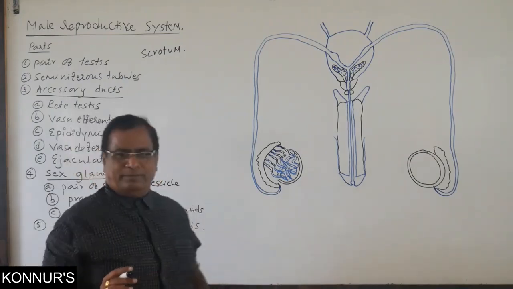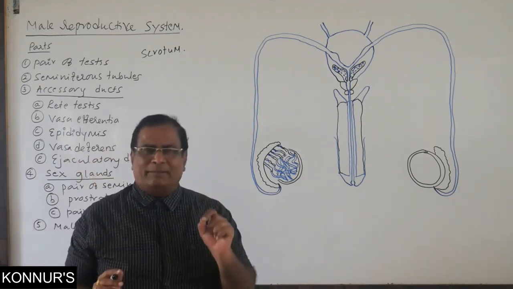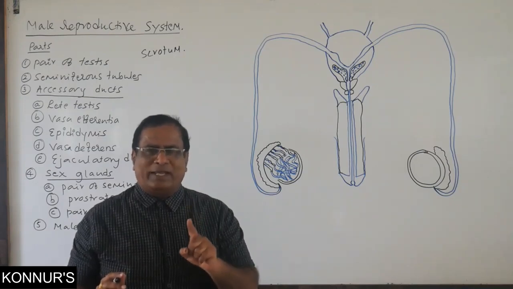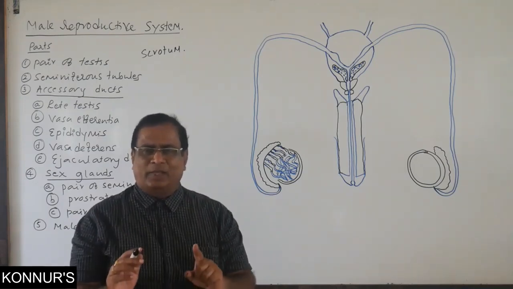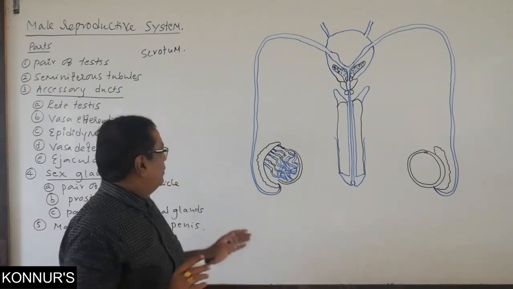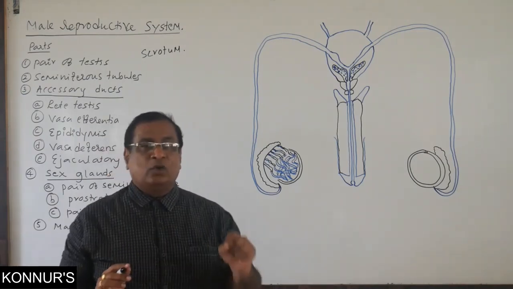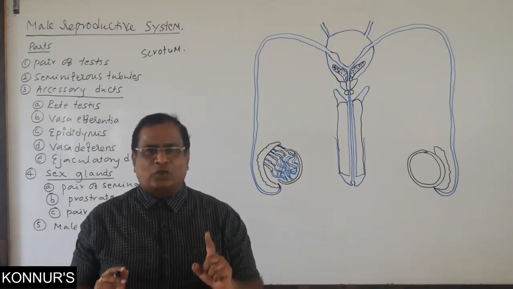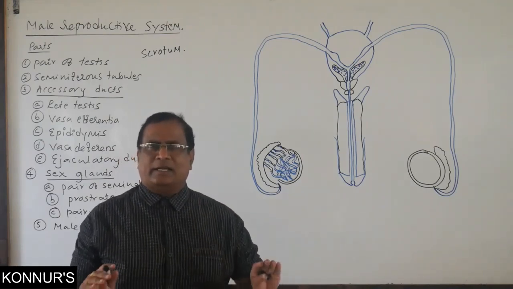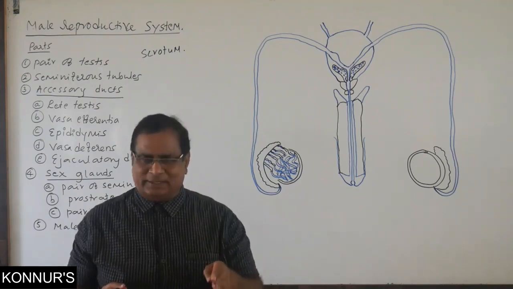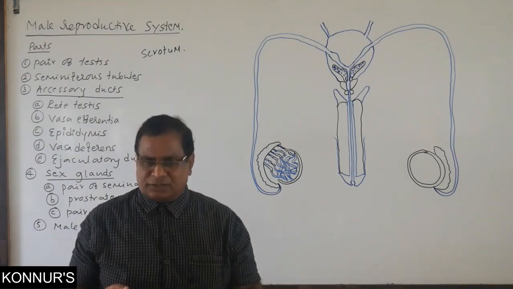In the scrotum, the temperature is 2 to 2.5 degrees Celsius less as compared to the internal body temperature. This low temperature in the scrotum is very necessary for the process of spermatogenesis, that is sperm production.